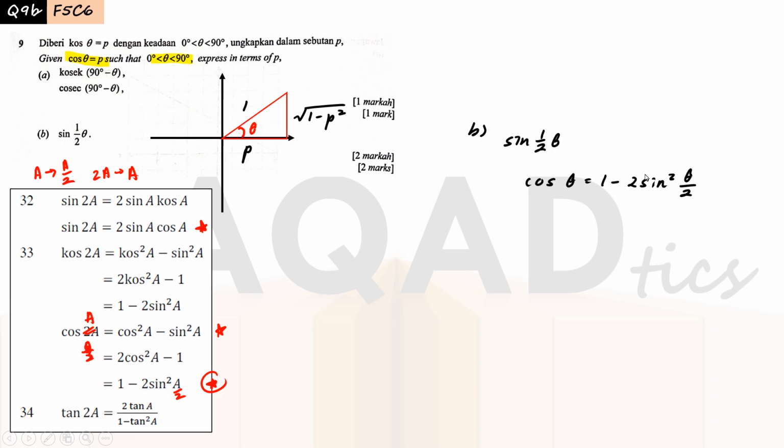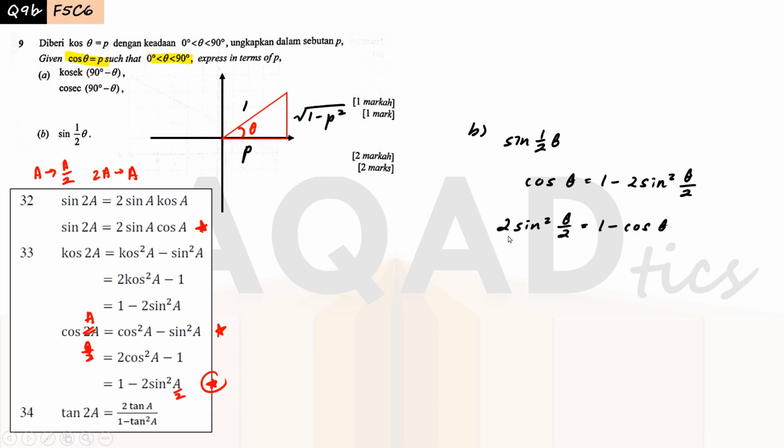So I changed the a to theta first because the question uses theta, right? So now we need to find this, the sine theta over 2, and we don't need the square. So what we should do is move this part to the other side first.